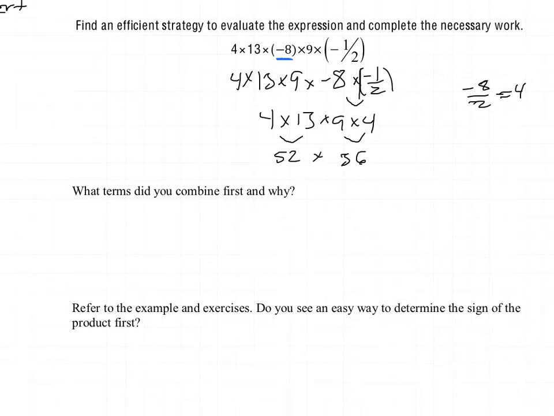And then I've definitely got some work to do here. 52 times 36. It's going to give me 1,872.